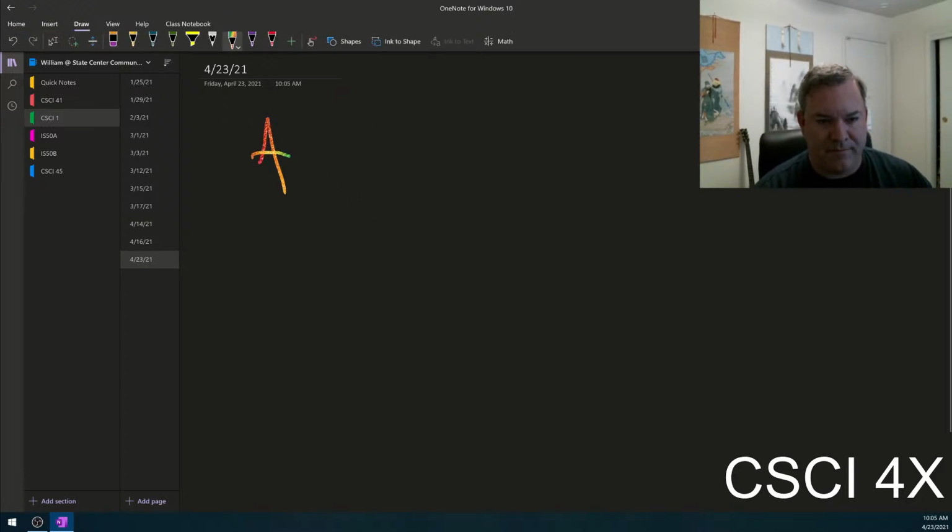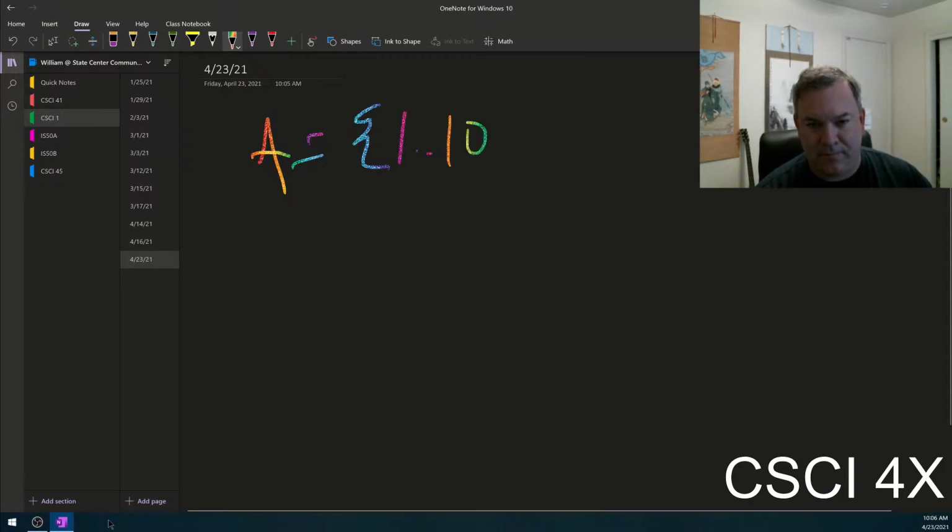So let's say set A is equal to the numbers from 1 to 10. It's a nice looking curly brace. B is equal to the numbers of 8 through 20.